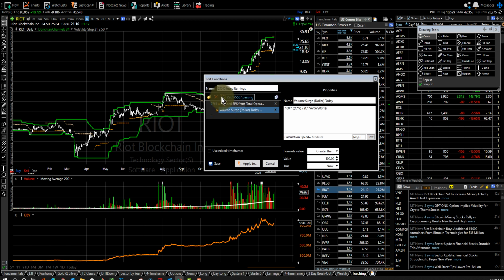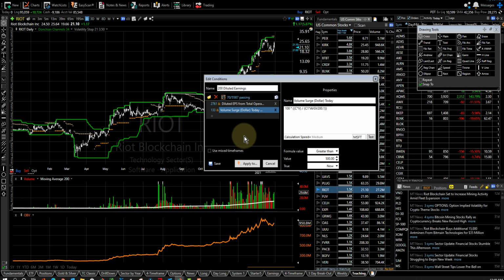So we want positive earnings, and we want a volume spike. Now that scan alone took the whole universe of 5,587 stocks, and it brought it down so there's 70 to look at.